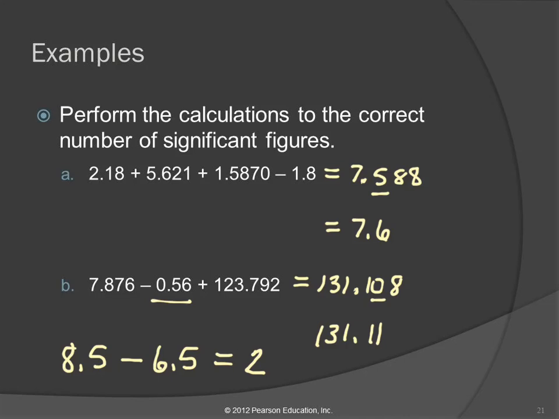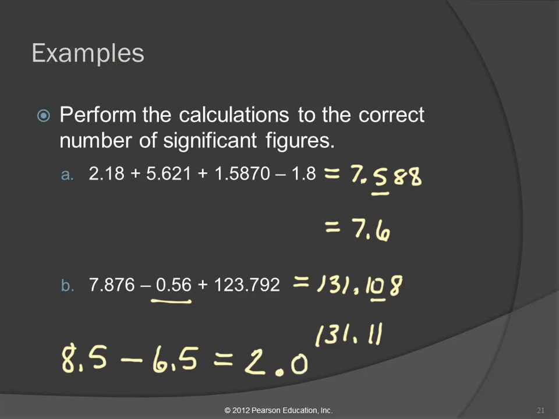But looking at sig figs, how many decimal places does 8.5 have? 1, and 6.5 has 1. But the calculator didn't give us 1 decimal place. We have to write it in. What would it be? 0. So you need to write 0.0.